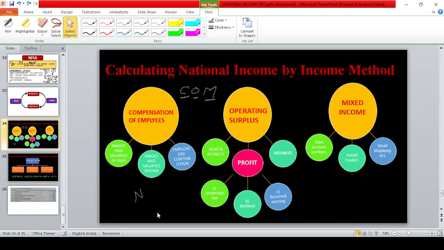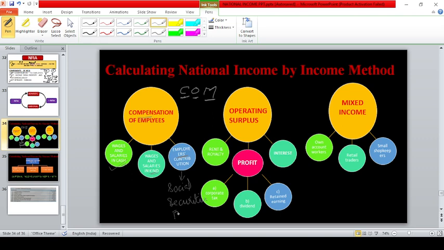Let us first see what is compensation of employees and what it comprises of. The word compensation itself means what? It is nothing but wages and salary. So wages and salary in cash, in kind, and employers, who are the owners of the company, contribute towards employees' social security.